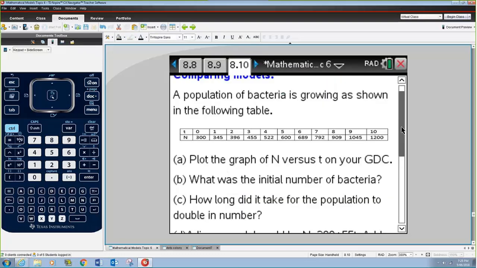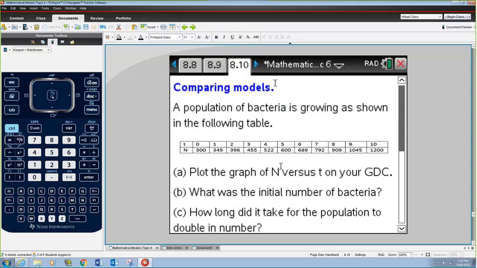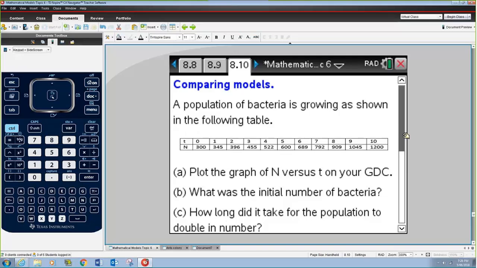Now, this question is about comparing models, and it's probably also some good introduction to their internal assessment if some stronger students want to do some modeling, not necessarily a statistics project. So we have a table, and it says a population of bacteria is growing as shown. So we want to plot the graph of N versus T, and answer those two questions.